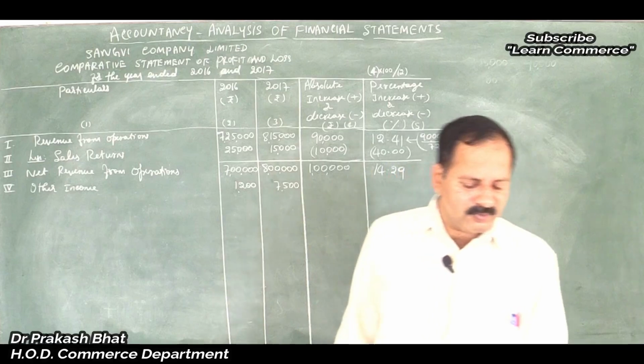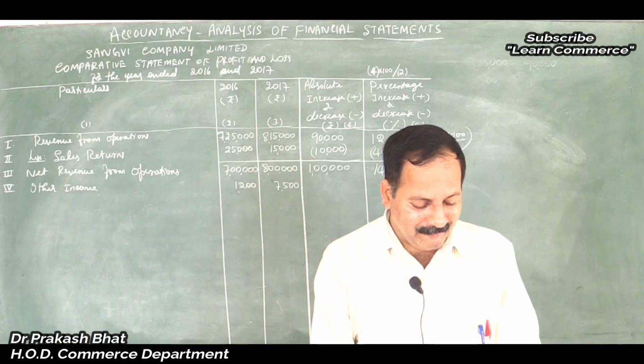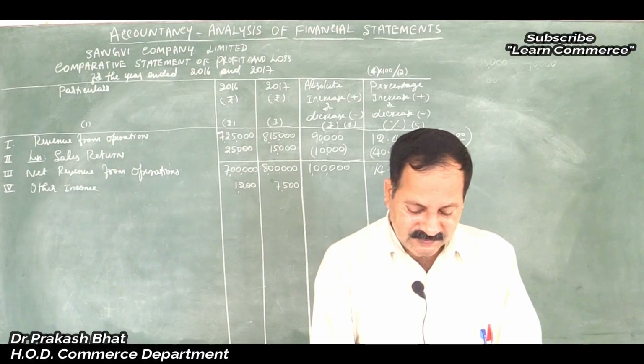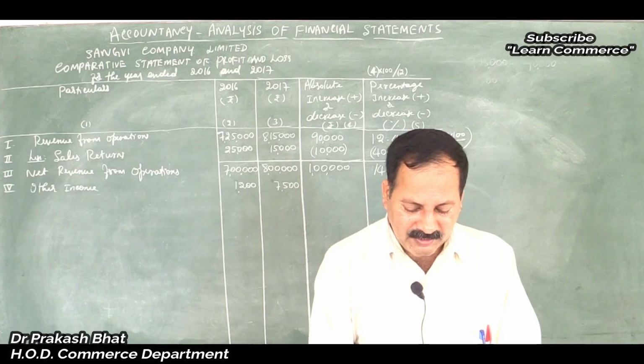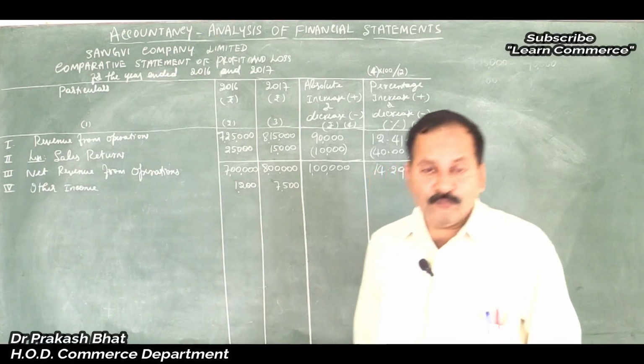For 1,200, 6,300, so for 100, how much? 6,300 into 100 divided by 1,200. That is 525%.